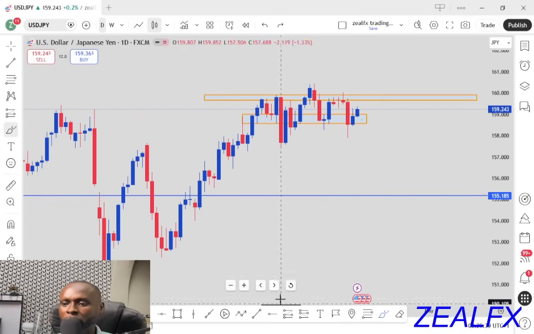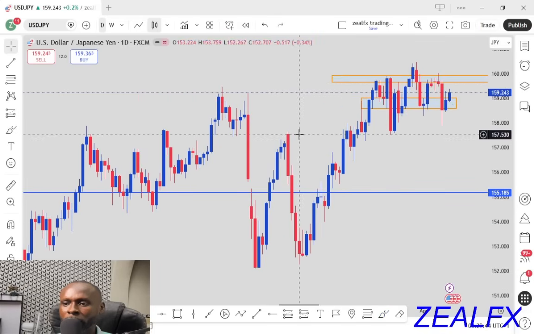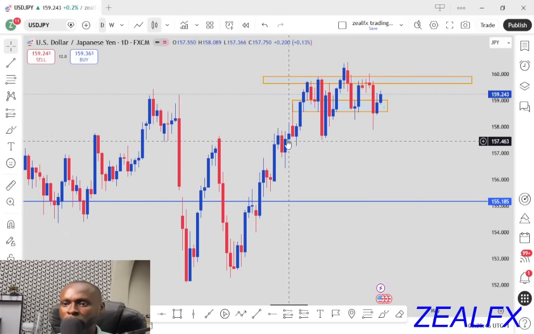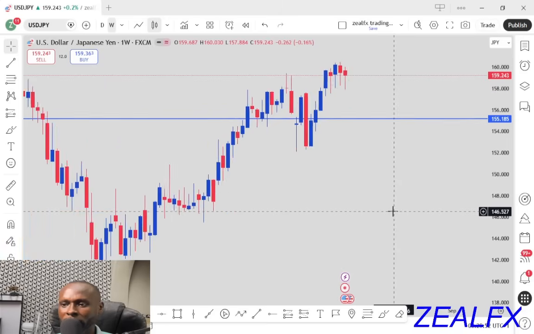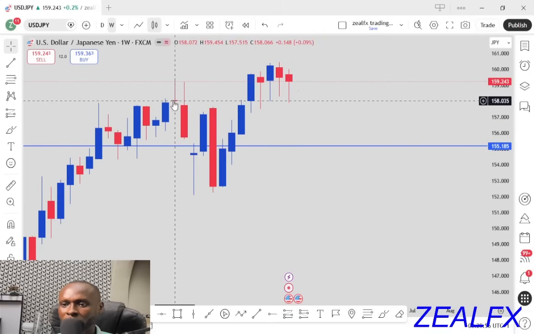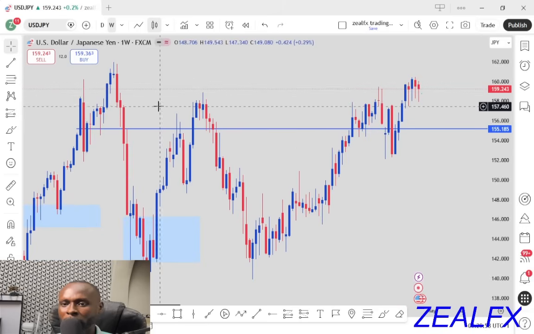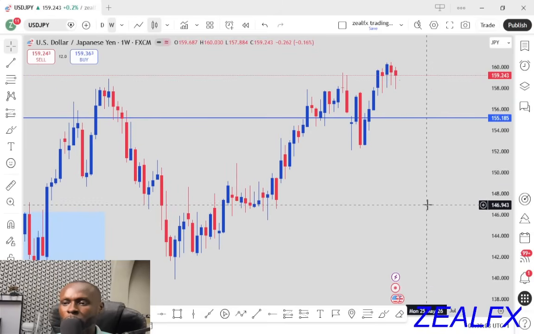So let's confirm if there's any strong buying or selling opportunity from the higher time frame. Let's go to the weekly time frame. On my weekly time frame, we can clearly see that we have price on this support level, and then we also have price on this resistance level. So this shows that we have price on a neutral level.